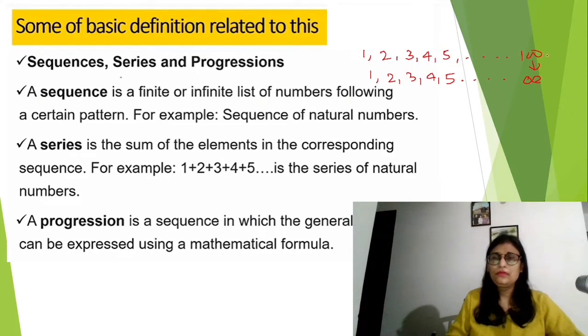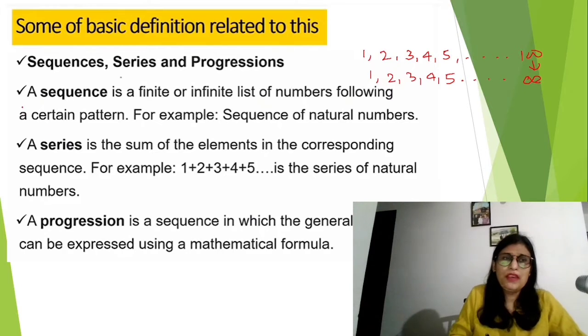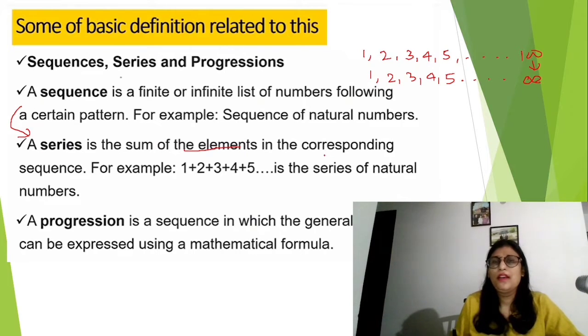Okay. Now using a sequence, we can make a series of numbers. A series is the sum of the elements in the corresponding sequence. For example, this sequence can be converted into a series. How? We can sum up these numbers, 1, 2, 3, and so on, up to the last number.